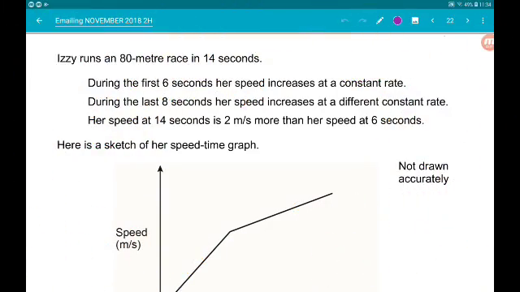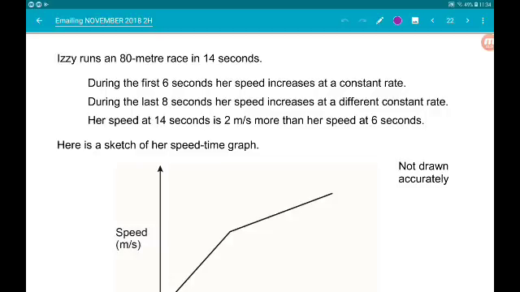Okay, 28, the grand finale. Now, just to put you in the picture, I gave this question to my AS levelers just out of interest, and they couldn't really do it. So, it's pretty hard, especially part B. Part A is alright, part B, what a monster. Right, Izzy runs an 80-meter race in 14 seconds.